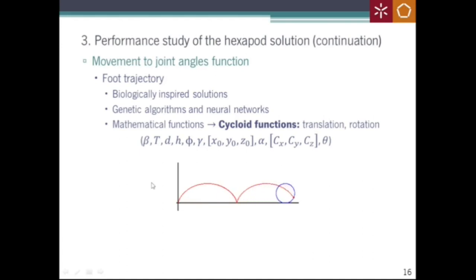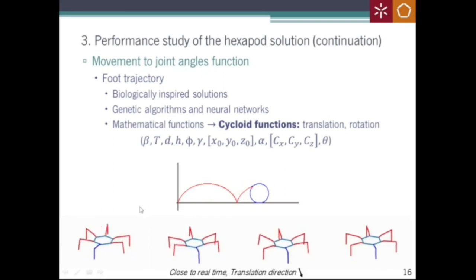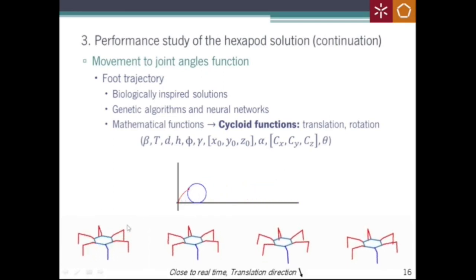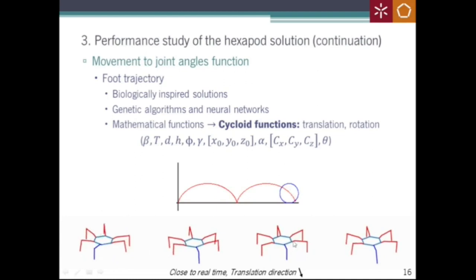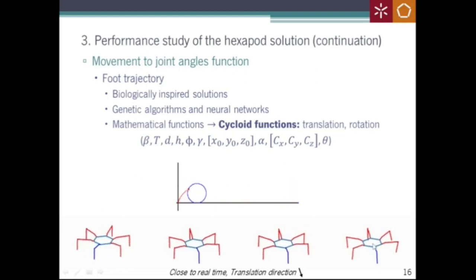The basic equations of the cycloid functions were modified in order to include all the necessary parameters for locomotion. With this, different gaits were obtained for translation and rotation, as you can see in the animations below, such as rotation and translation 3 plus 3, and translation 4 plus 2 and 5 plus 1.